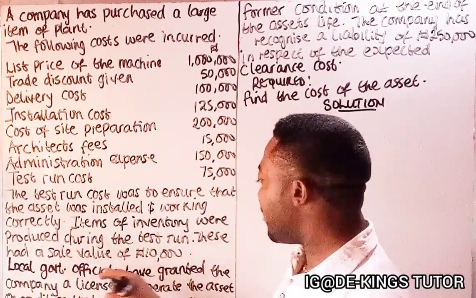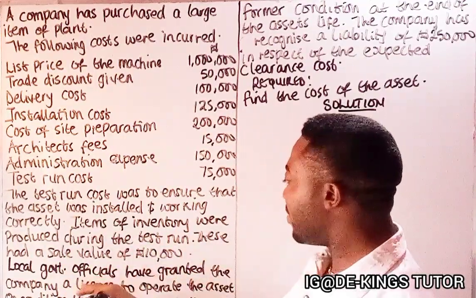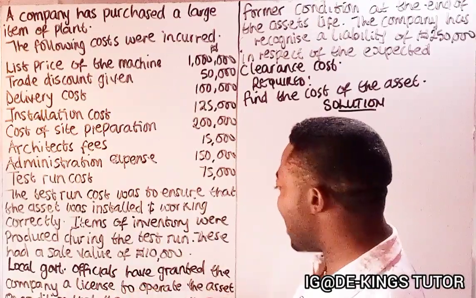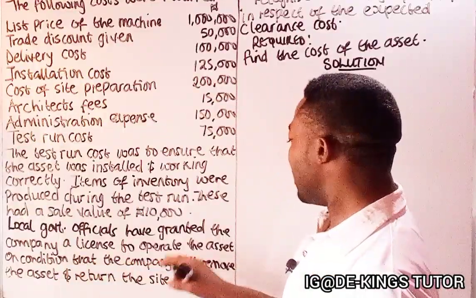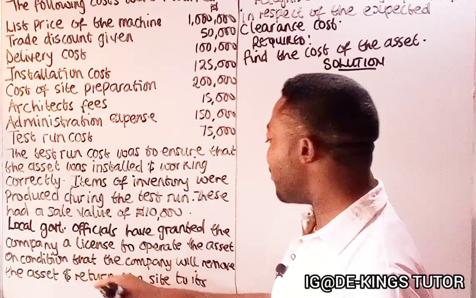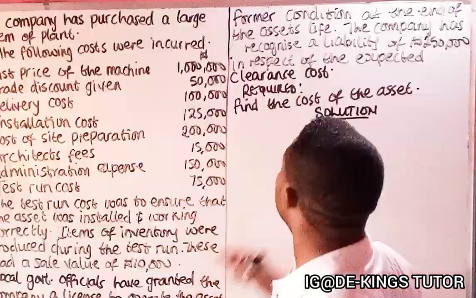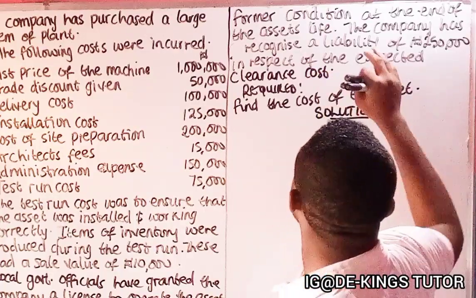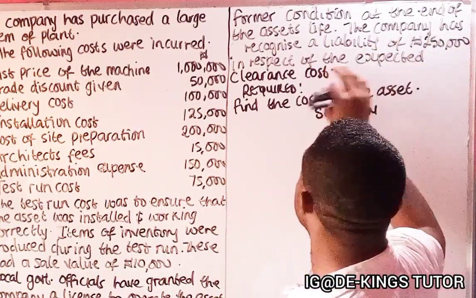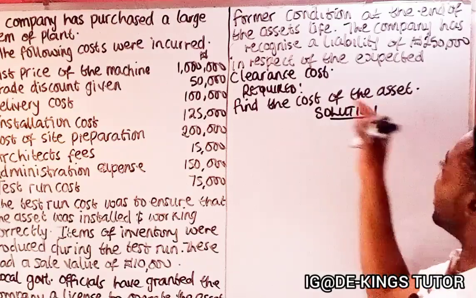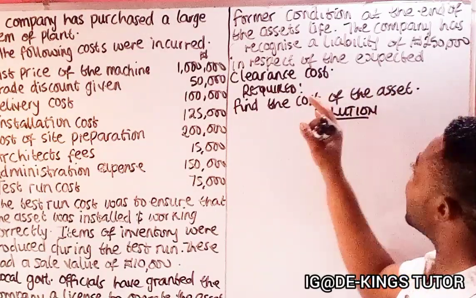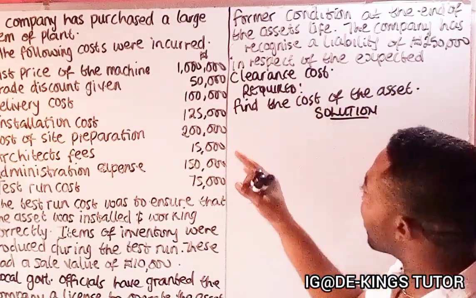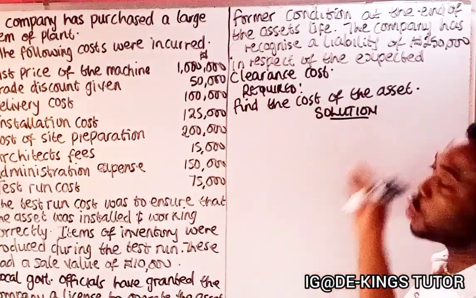Now, local government officials have granted the company a license to operate the asset on condition that the company will remove the asset and return the site to its former condition at the end of the asset's life. The company has recognized a liability of 250,000 in respect of the expected clearance cost. Okay, that is required. Find the cost of the asset.